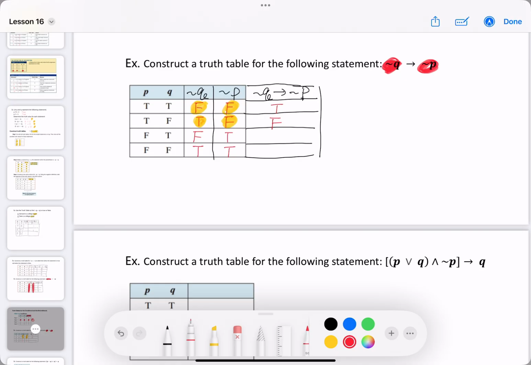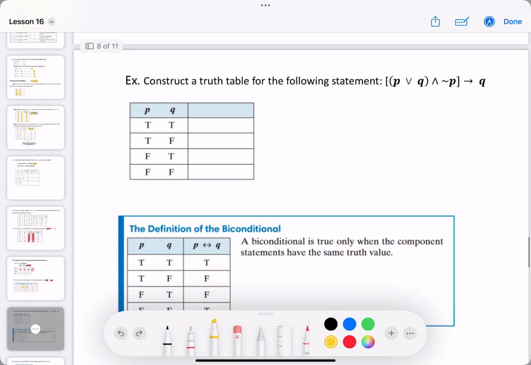If it is false, then it is true. So this statement is true. The second one is false. And the last one, true, true. So we're having true. Okay, the answer of this question is all of these.